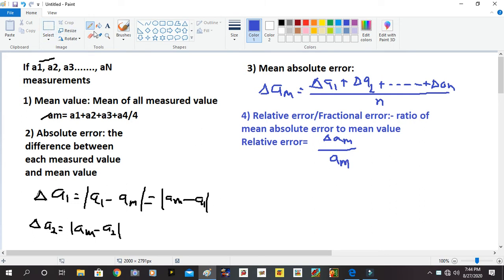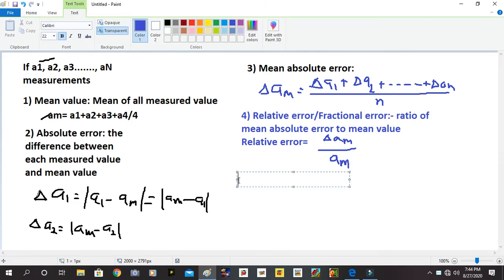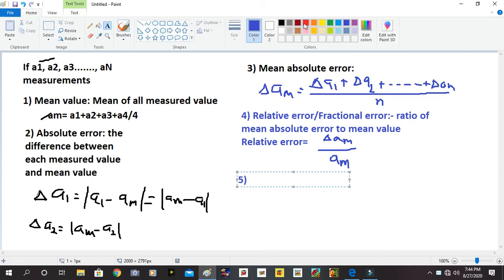Is it clear, everyone? Then the final value that we need is the percentage error. Finally, we will find out the percentage error. Percentage error is nothing but the relative error expressed as a percentage. So percentage error is always equal to relative error into 100%.